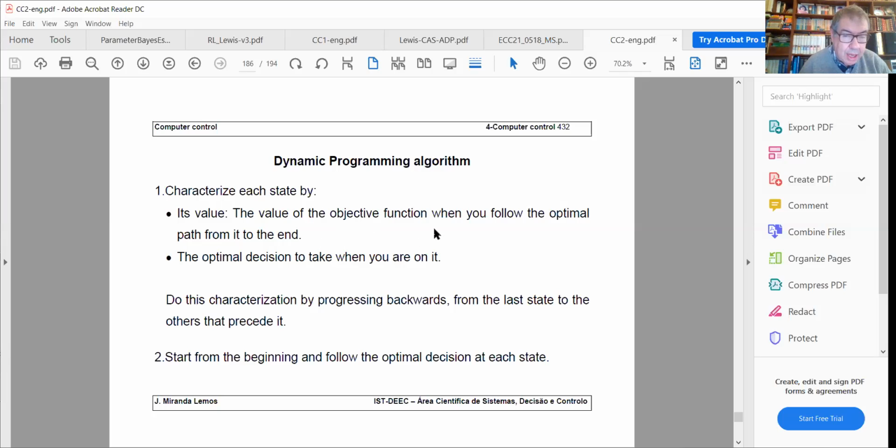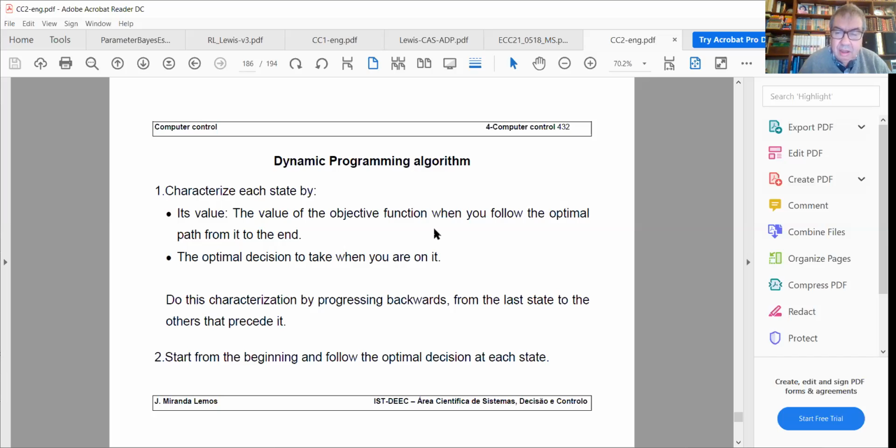Now, what can you do? Imagine that you do a sequence of operations that consists of the following. First, you start at the ending point, so no decision to take.